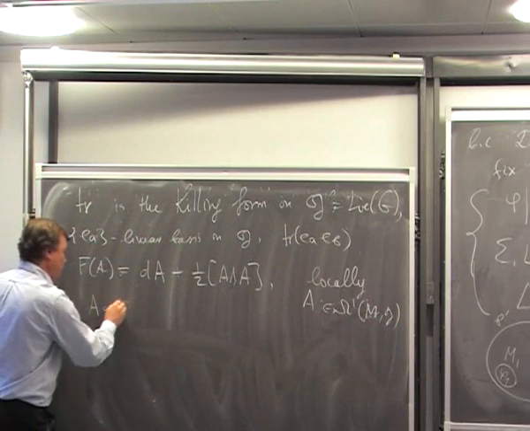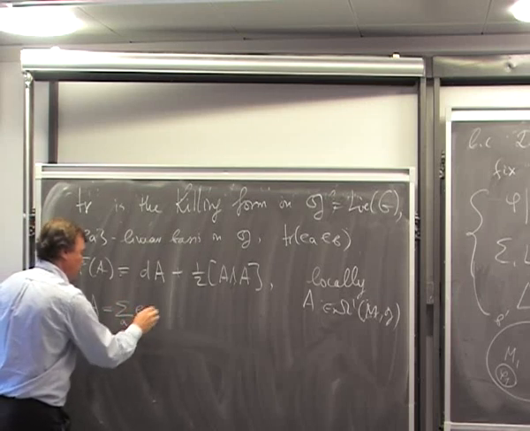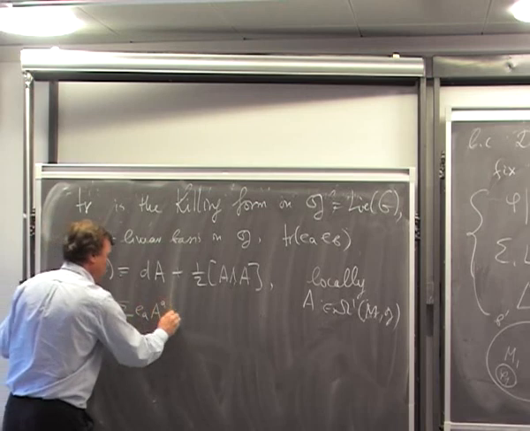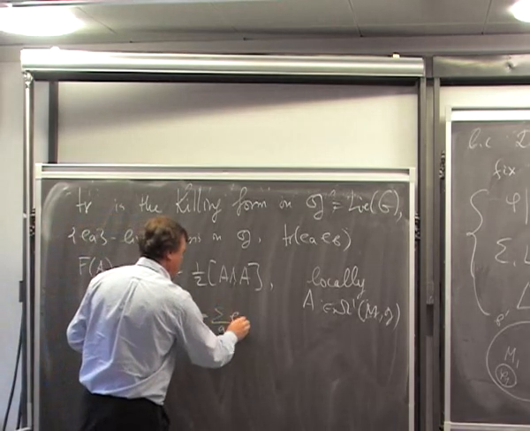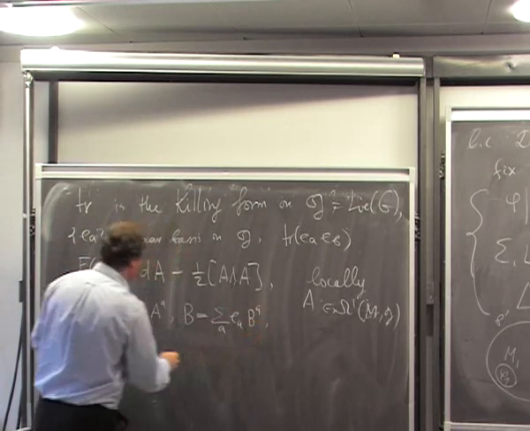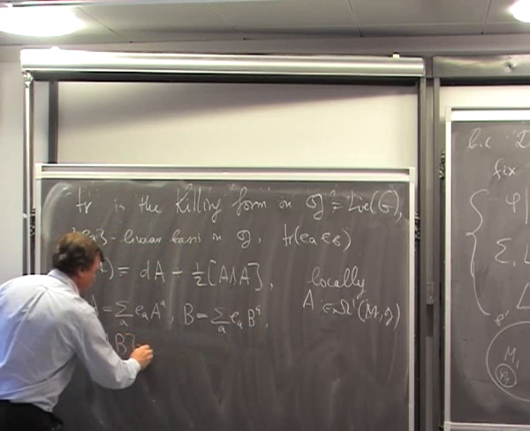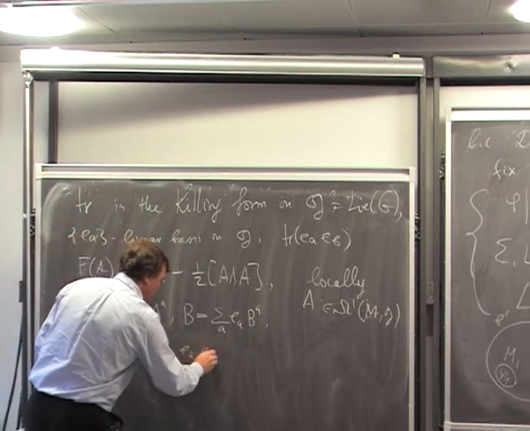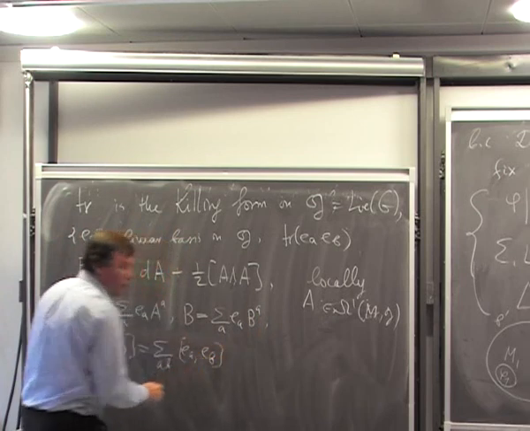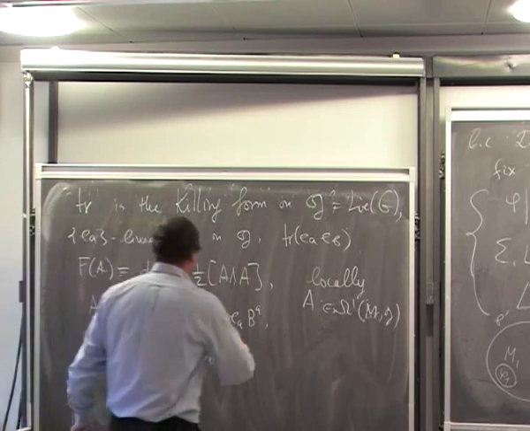We will write a G-valued form in the basis E. If we have another form B, then A wedge B is the sum over A, B of the Lie bracket with respect to the Lie algebra, and then the exterior product of forms.